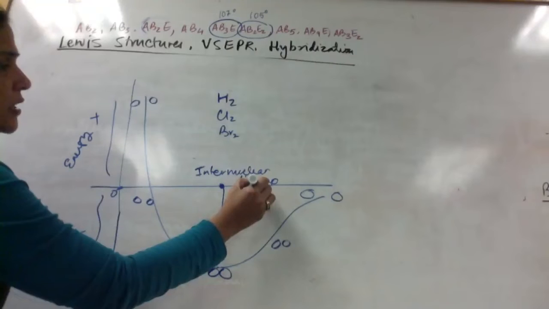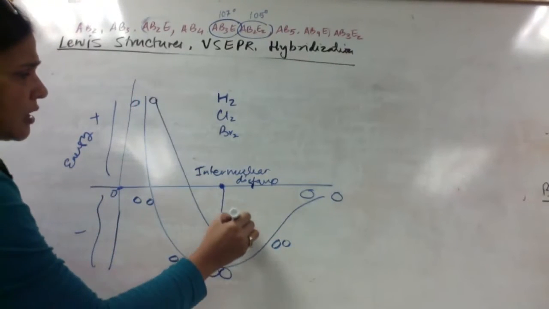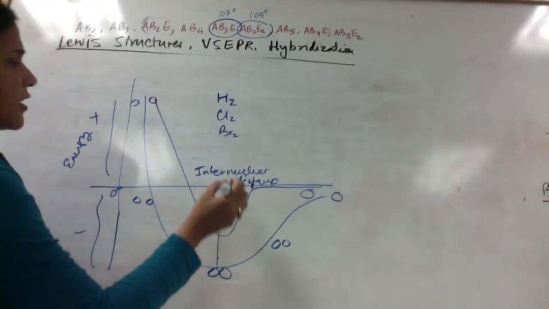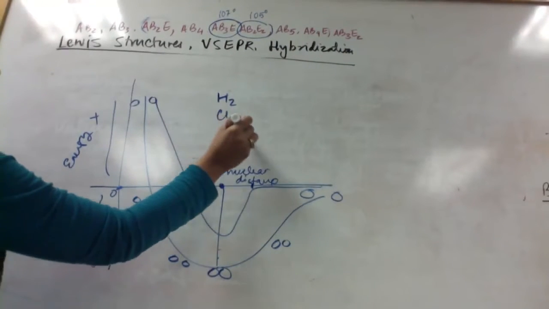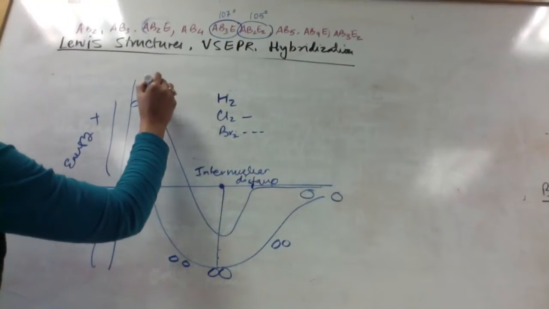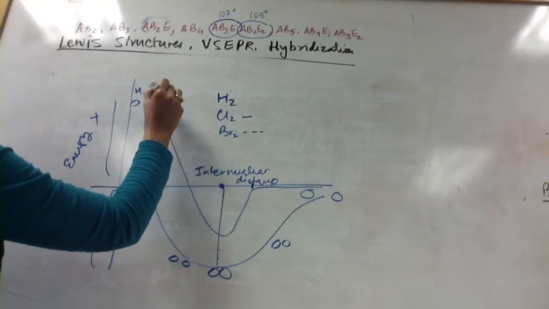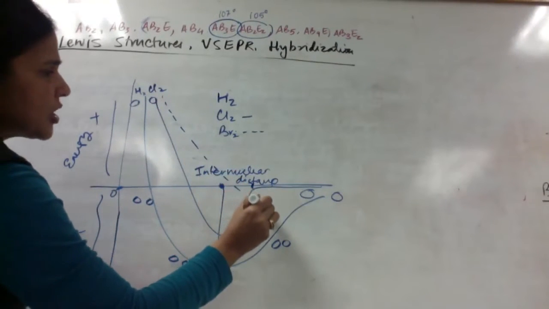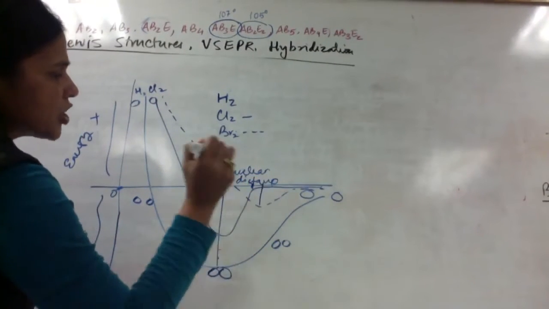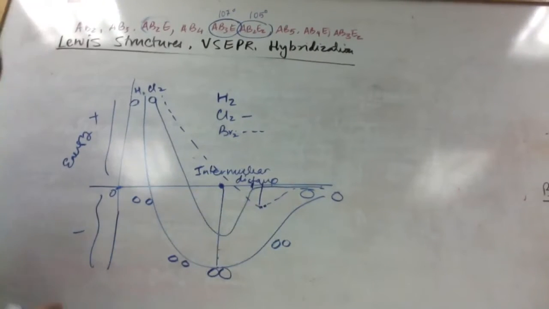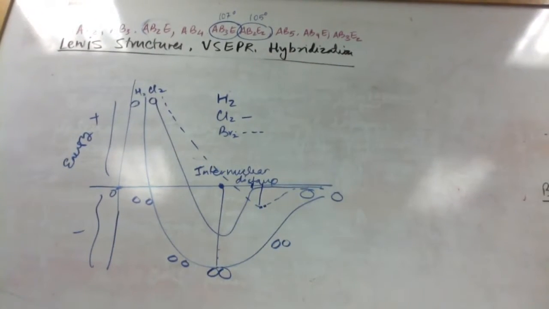Chlorine's internuclear distance will be larger, but smaller energy. And bromine will be even larger with larger internuclear distance, but lesser energy because it's bigger molecule.